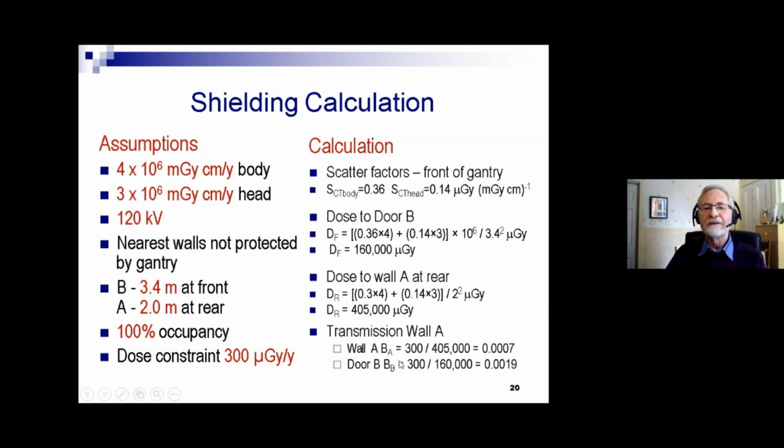And so we can calculate our transmissions from our dose constraint divided by these dose values. So those are the 2 transmissions that we need for wall A and the door.